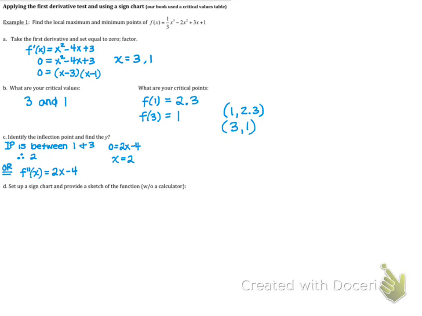Even though I was just working with the second derivative, I'm going to find f of 2, because we want the inflection point that exists on the original function. When I plug all that into my calculator, please watch parentheses with fractions, I get 5/3. So my inflection point is (2, 5/3).